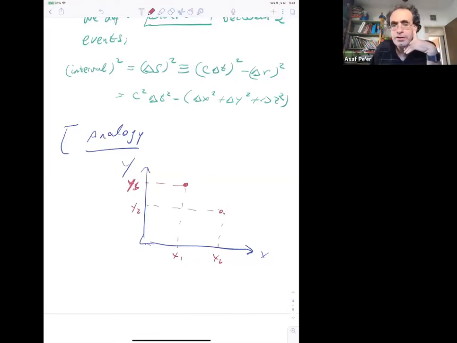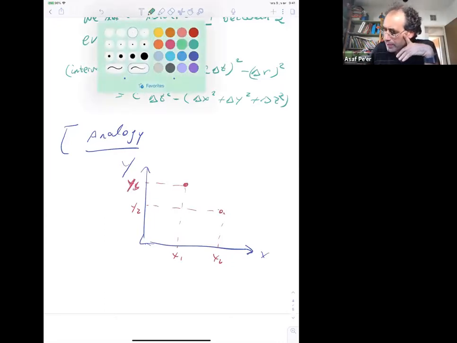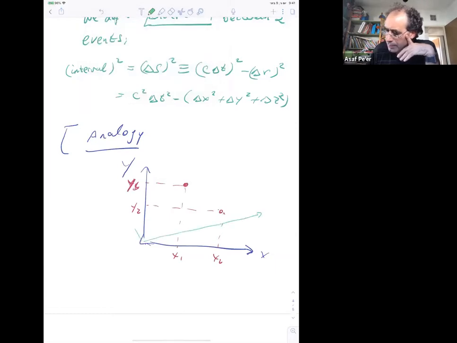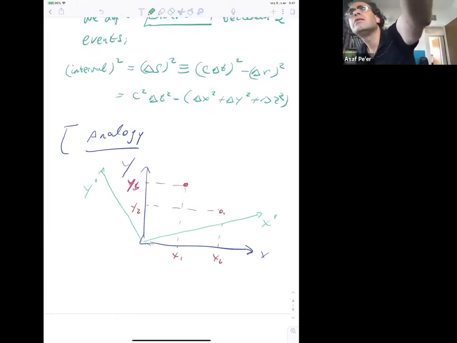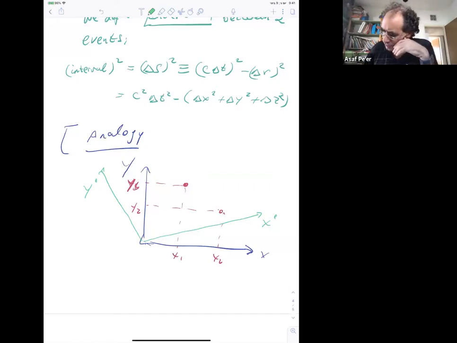Now let's say that there is a different observer whose coordinate system is rotated, x prime and y prime. The location of each of the points in the new frame is x1 prime, x2 prime, y1 prime, y2 prime. Of course, these are not the same. You know how to do the transformation, just rotation.